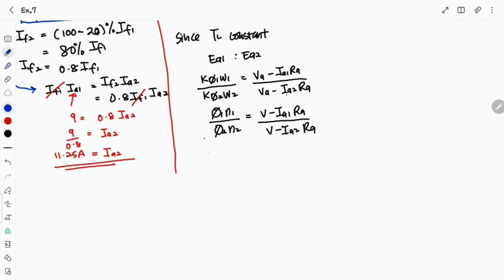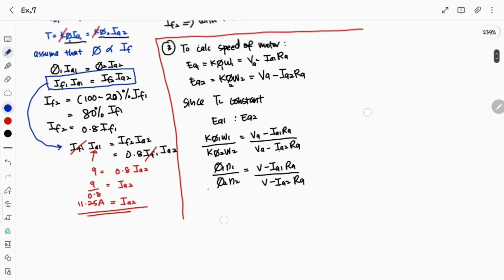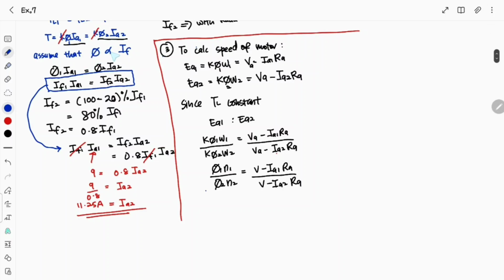Focus. Earlier we said that flux is proportional to field current, and we know that IF2 is equal to 0.8 IF1. We will use this term here, so fill in the IF2 or flux 2.